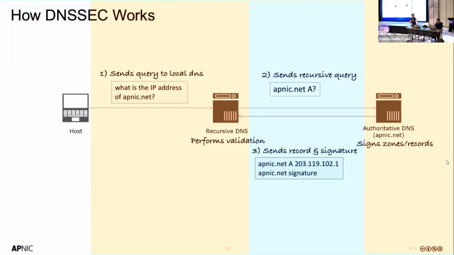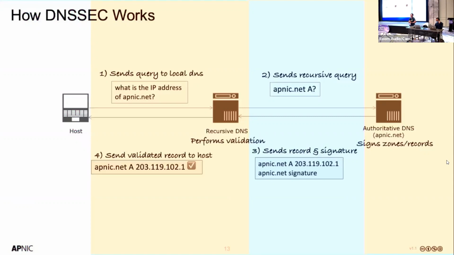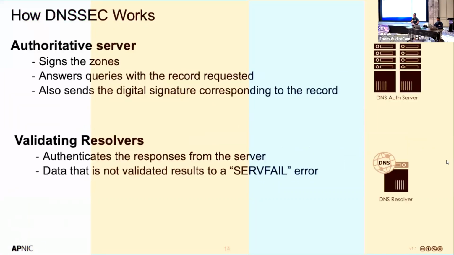Okay, depending on the result of that validation, if it found out that it is correct, it matches as we have described before, then it will provide the information to the host. Just the information, it doesn't have to include the signature at this point because it's already validated. So from that, you can see that there are actually two parts to it. One is if you are the domain owner.